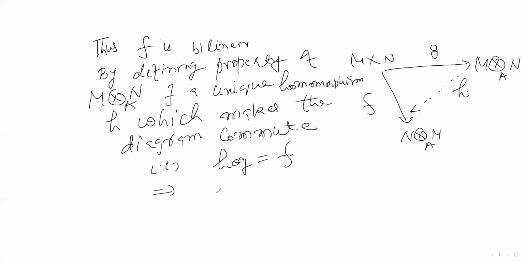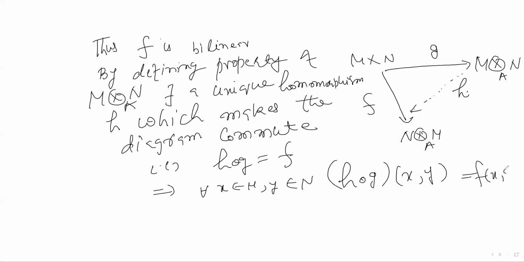So this means for all x in M, y in N, h composition g of (x, y) equals f of (x, y), and f of (x, y) is by definition y tensor x.